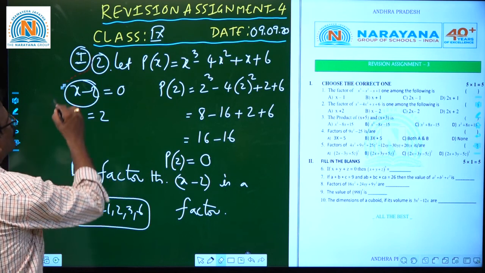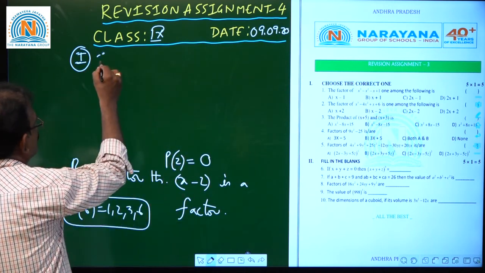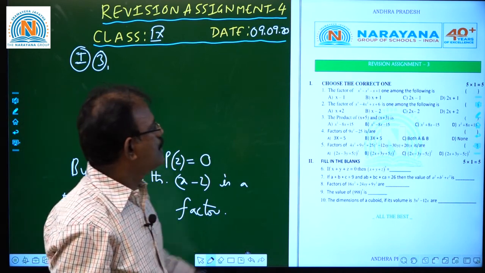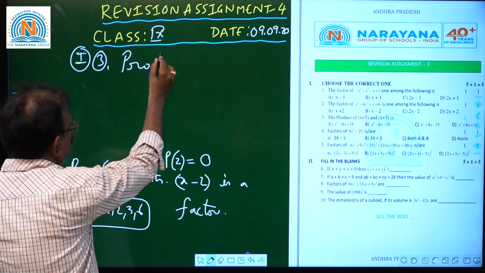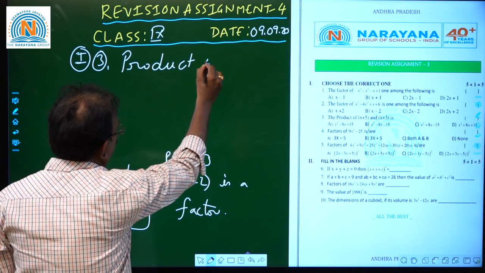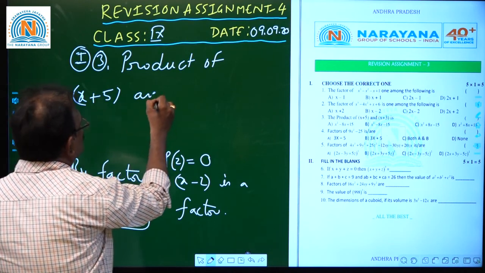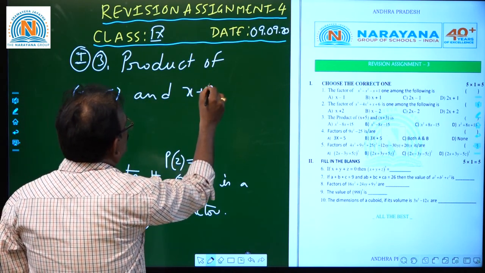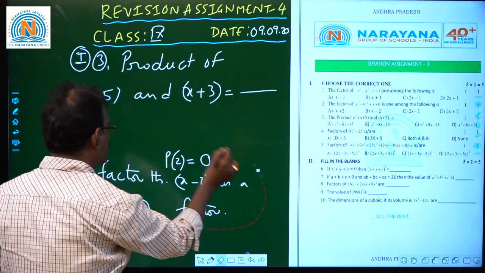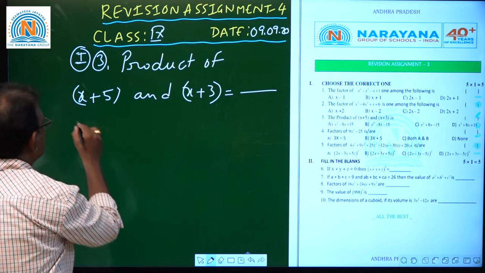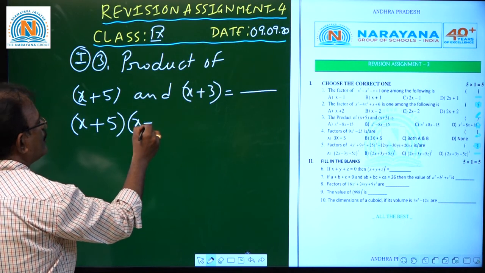Our third question from the first Roman is: what is the product of x plus 5 and x plus 3? Product means, what is the symbol of product? Multiplication, into. So let us multiply the given 2 polynomial expressions, or binomials.